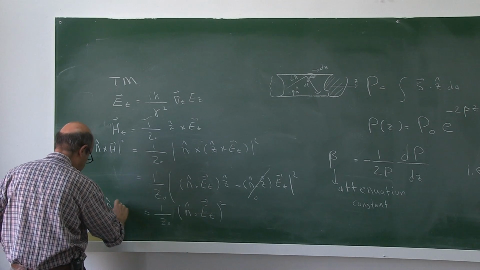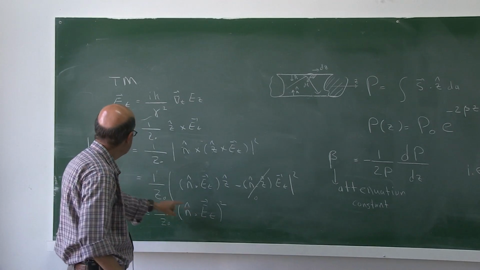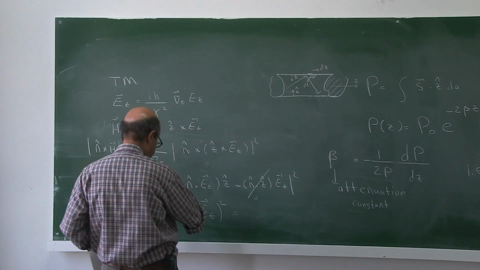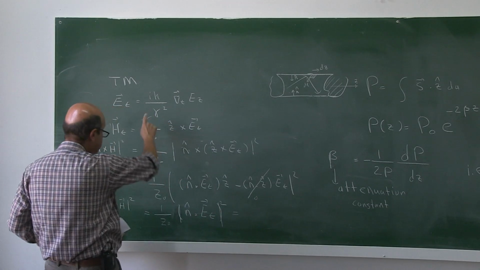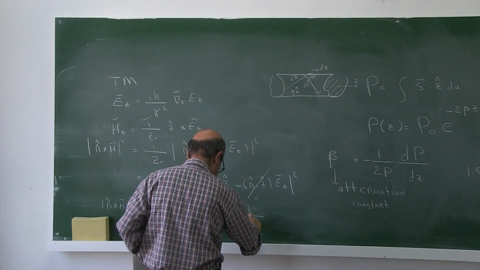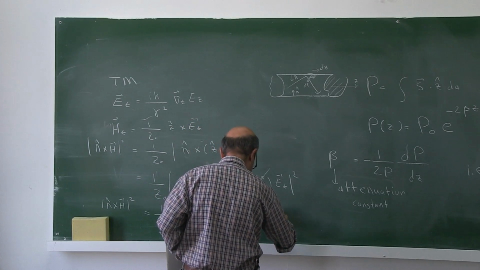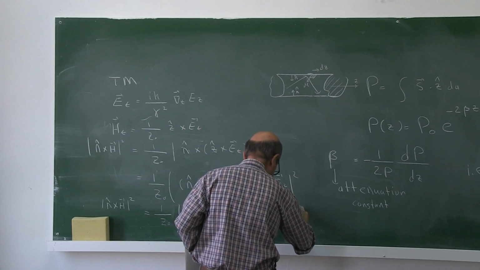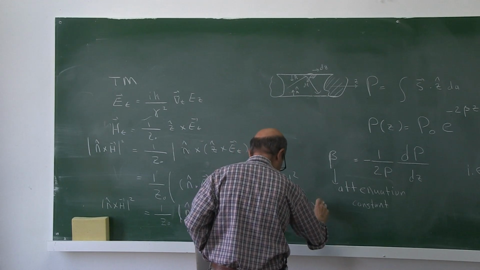N cross H squared is this, and H transverse could be written from here, so you will get the following. Taking the absolute square, you will get k square over Z0 gamma square, N dot gradient of the transverse Ez square.